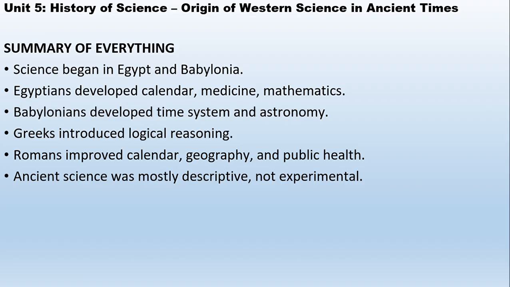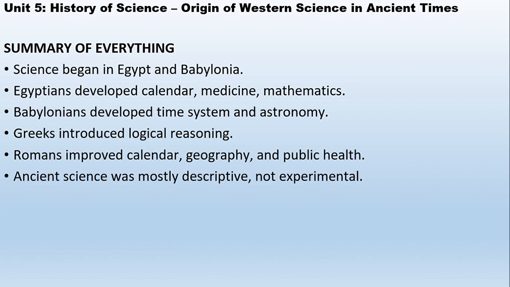Babylonia developed the time system and astronomy. 60 seconds makes 1 minute, 60 minutes makes 1 hour, 24 hours makes 1 day. They also developed astronomy, the study of outer space.